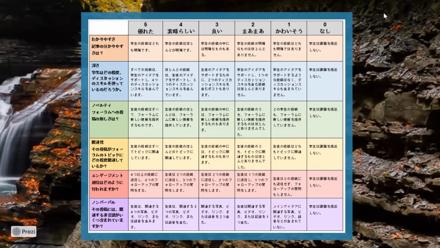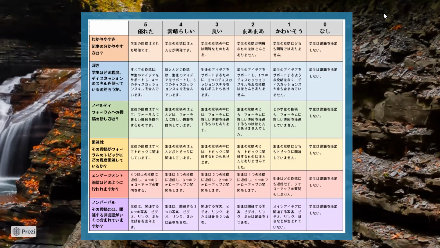Oh, and this is the Japanese version. Heather and I tried our best to translate it so that we could show students in their native language what exactly we're expecting of them. Basically it says the same as the English version, only in Japanese. And it's less intimidating, I think, because it's in their native language.